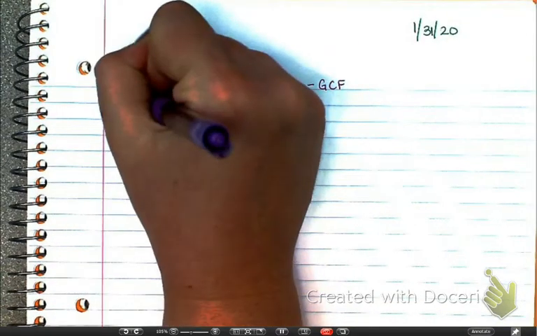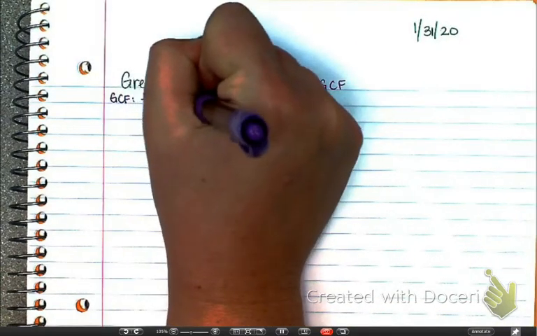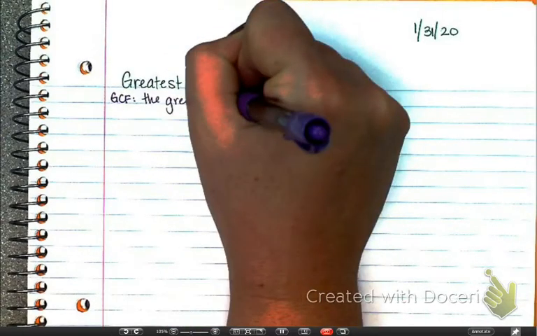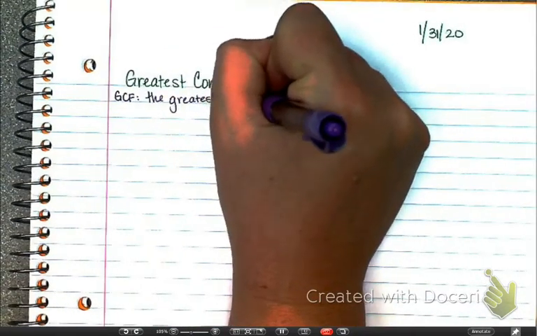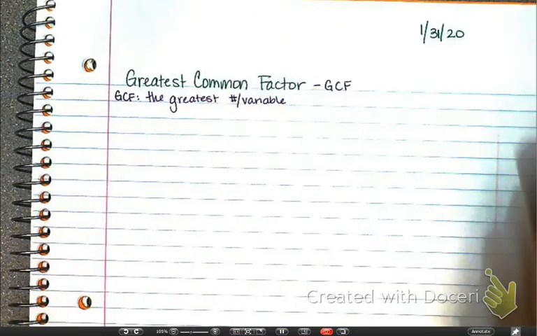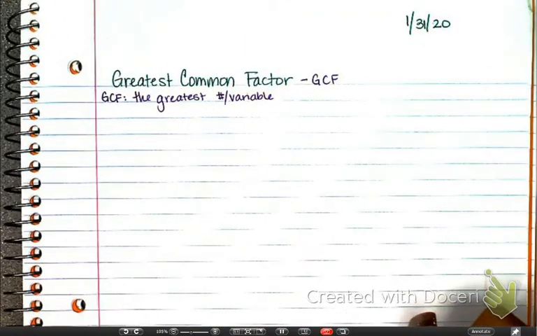So it's going to be the greatest number or variable, because we're going to look at variables since we're in high school and not in 2nd grade.